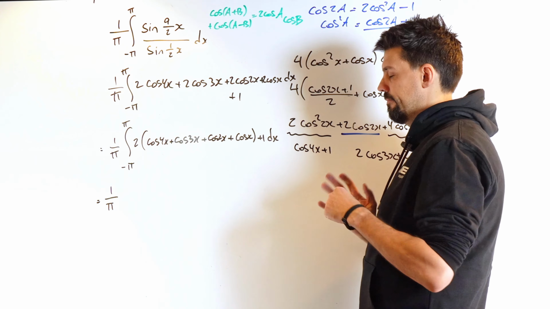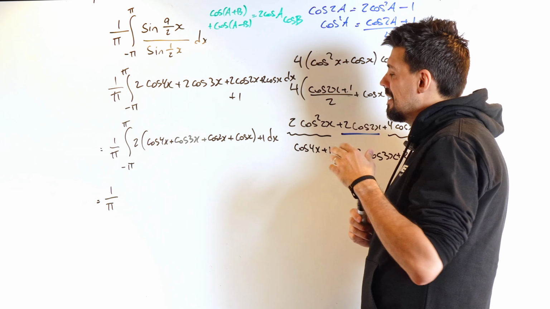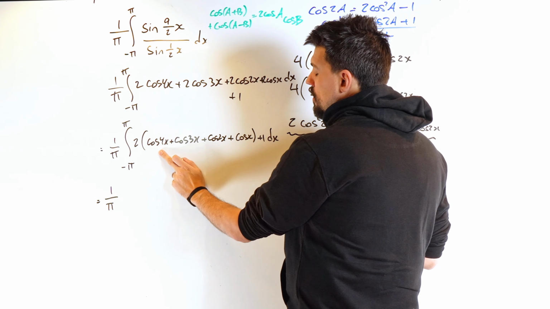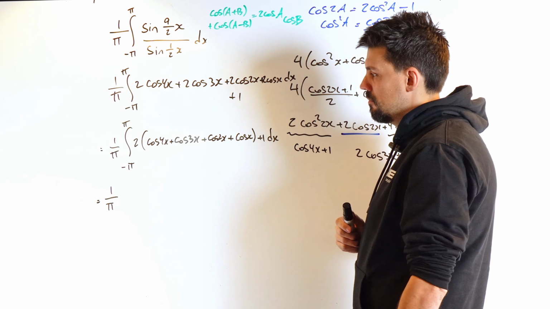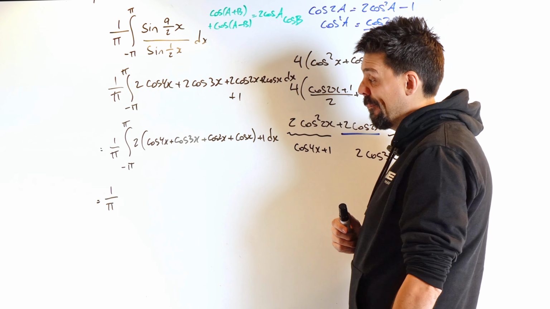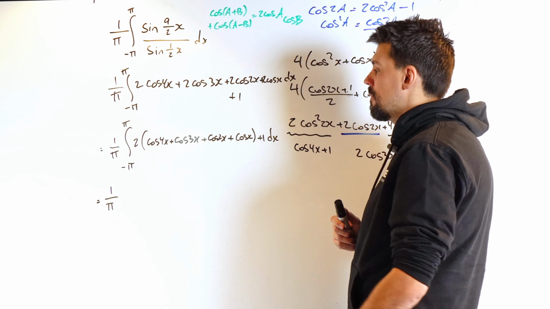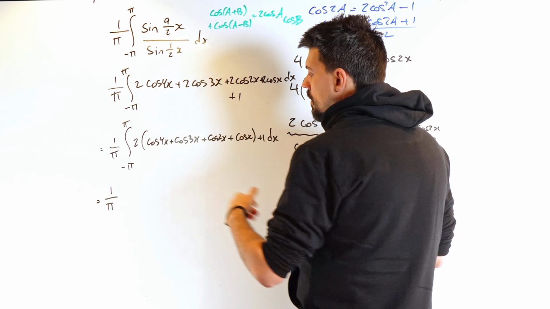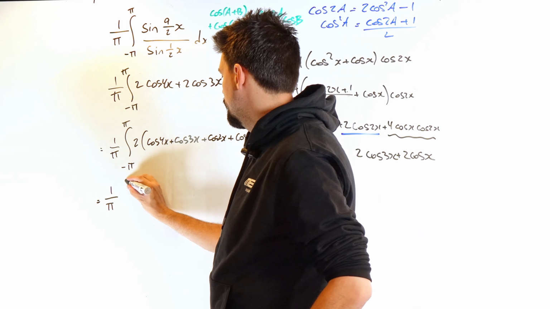Well, cos 4x between minus pi and pi, what's going to happen there? We're going to have to do this.